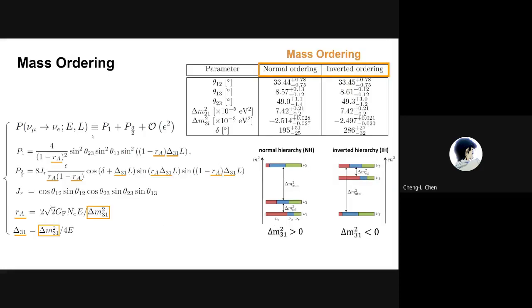Due to the unresolved mystery of the neutrino hierarchy problem, the Δm²31 can be either positive or negative. Note that for different signs of Δm²31, we will get different transition probability due to the above relation. The chart on the upper right side is the current experimental measurements of these 6 parameters.